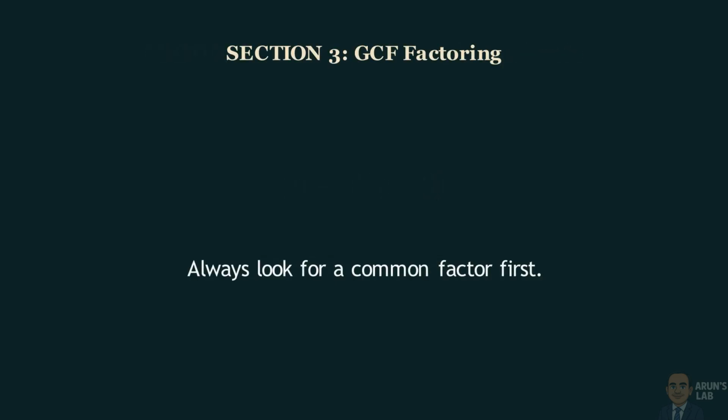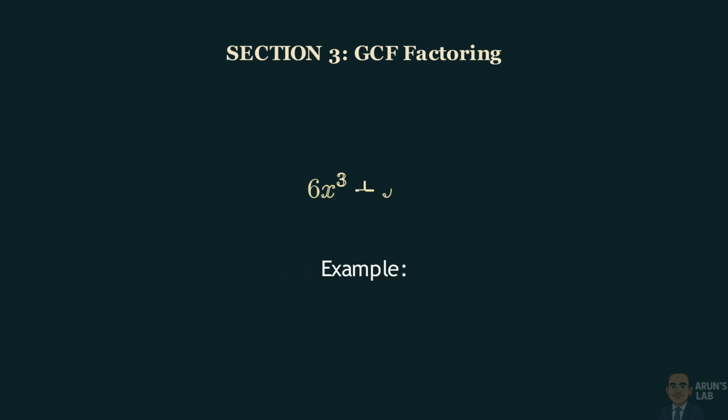Another example of factoring: always look for a common factor first. See this example: 6x^3 + 9x^2. What is the common factor here? 3x^2 is the common factor. We can take out 3x^2 from 6x^3 and 9x^2.